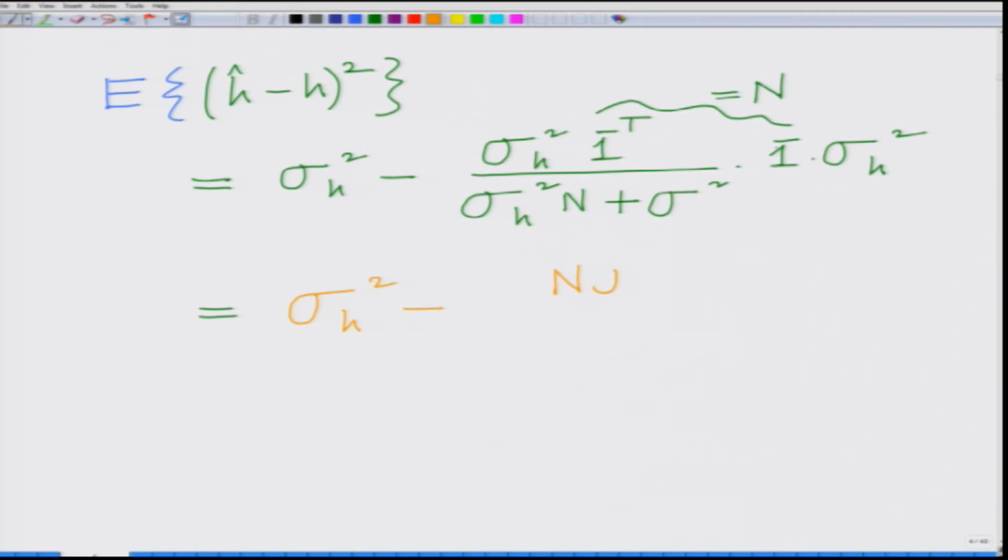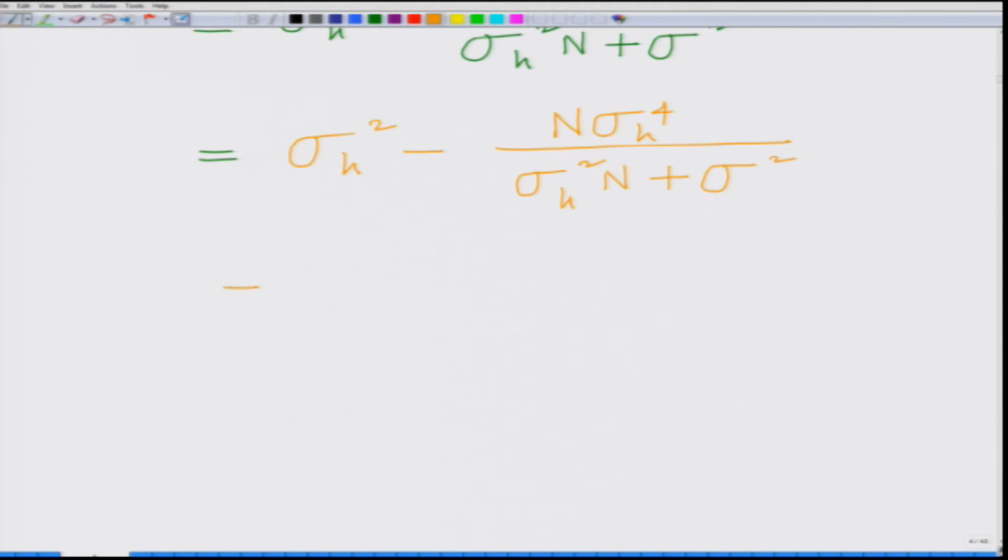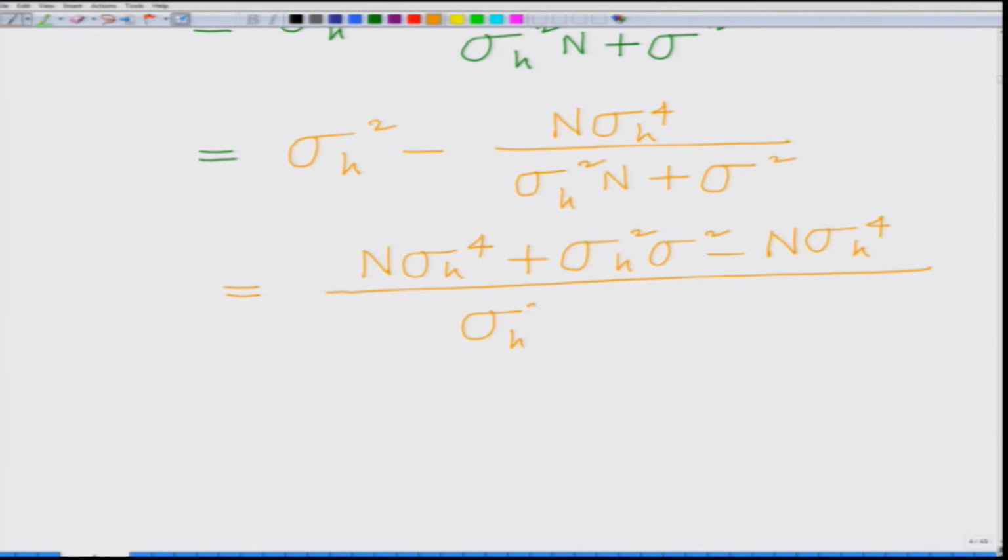So finally I am going to have sigma_h square minus n sigma_h to the power of 4 divided by (sigma_h square n plus sigma square).